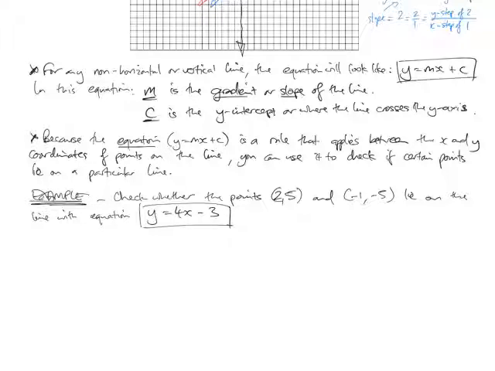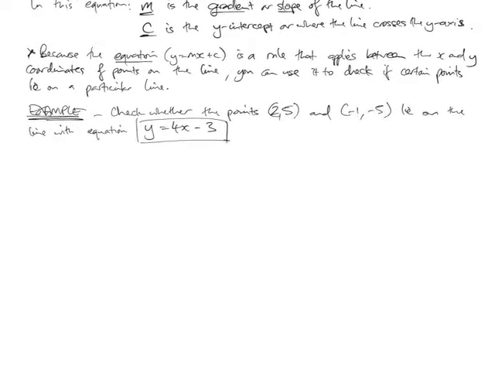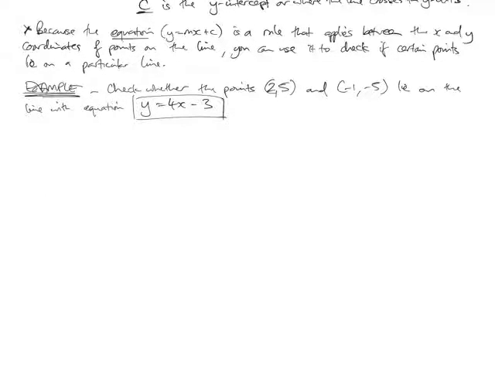Next, because the equation y is equal to mx plus c is a rule that applies between the x and y coordinates of the point, you can also use it to check if points lie on a line. So these are sort of the exercises you're going to be doing in the book. It's going to ask you, okay, here's an equation of a line, for example this. Can you check if certain points lie on that line?